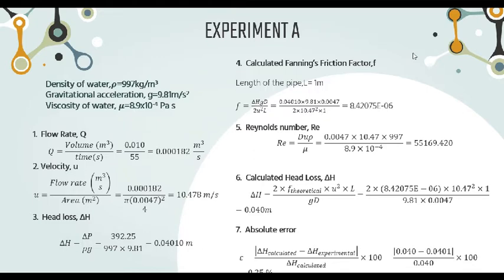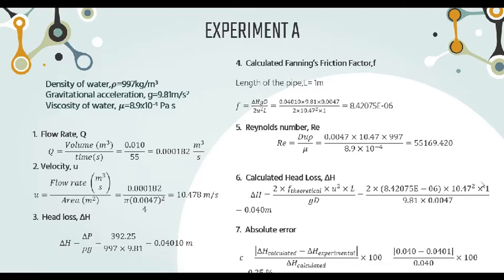The formula is f equal to delta H g D over 2 U squared multiplied by L. Then we find the Reynolds number, Re equal to D U rho over mu, and we calculate the head loss delta H, 2 multiplied by f theoretical multiplied by U squared and L, divided by g D.